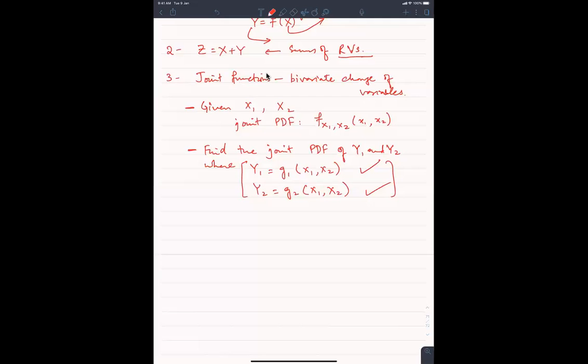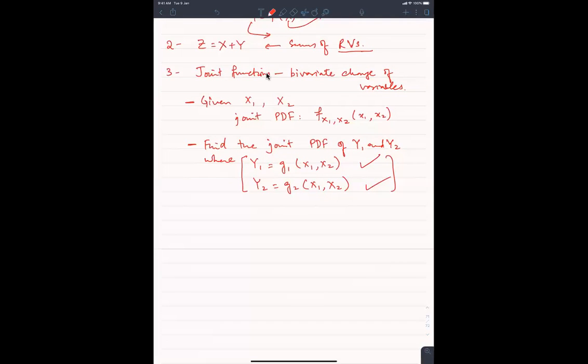Again, we will not show the proof here, but we can find the joint PDF of Y1 and Y2, f_{Y1,Y2}(y1, y2), in terms of the joint PDF of X1 and X2, f_{X1,X2}(x1, x2), divided by something. वो समथिंग अभी हम आपको बता देते हैं.